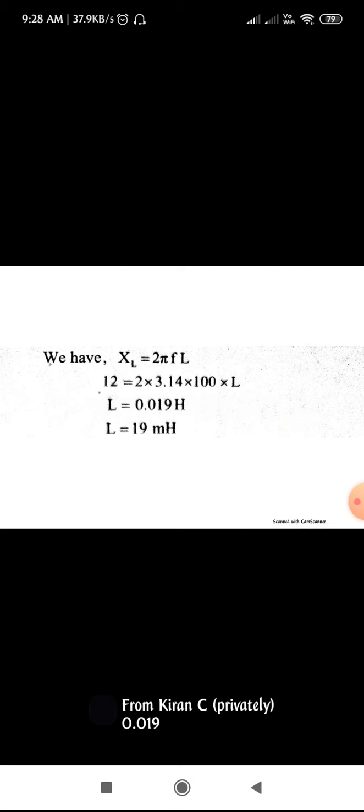Yes, Kiran C, correct. Okay, fine. So this is the answer. If you're done with this, just copy down the second question. The question has been displayed on the screen. Yeah, Rakshita, correct answer. Just go through the second numerical.